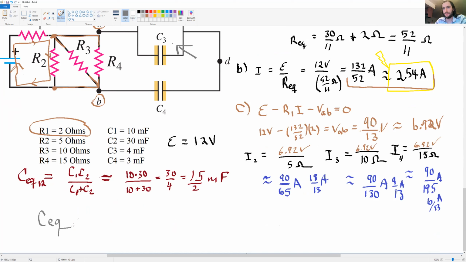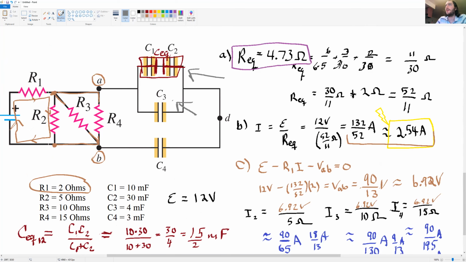And now CEQ 1, 2, and 3 would be equal to this 15 over 2 millifarads plus C3, because when we have capacitors in parallel, we can just add them up. So plus 4 millifarads there. With a common denominator, we end up with 23 over 2 millifarads. Go ahead and get exact answers if you want to, like 11.5, right? 7.5 for the maroon. 11.5 for the gray here.